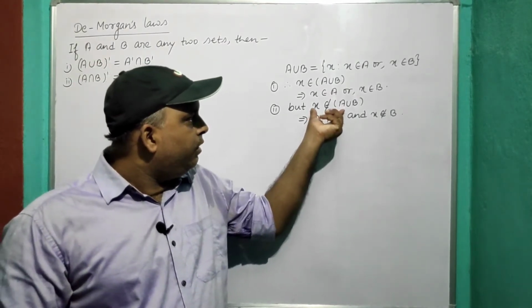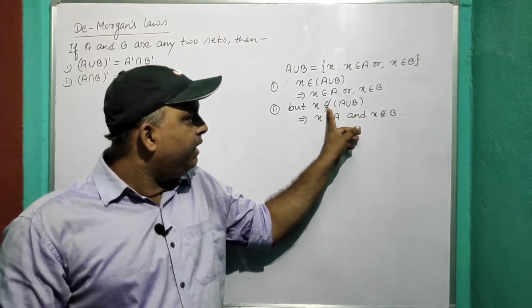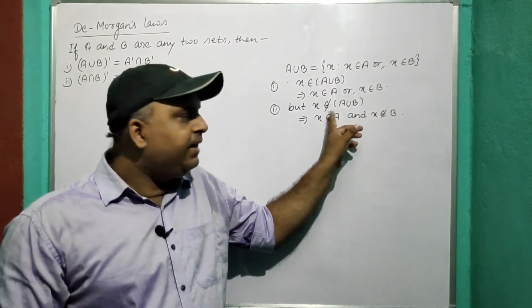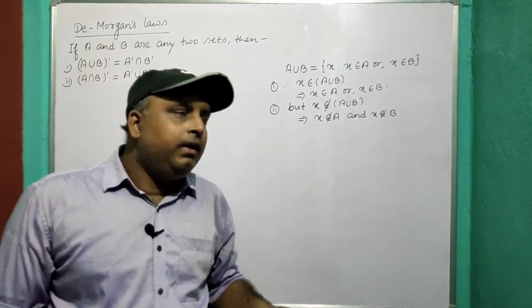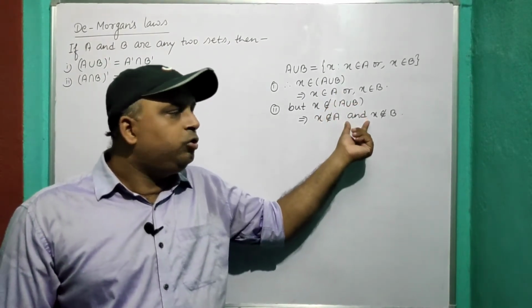So here if this sign is given that x does not belong to A union B, then this OR changes to AND.